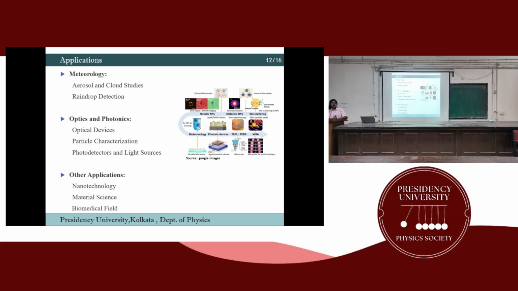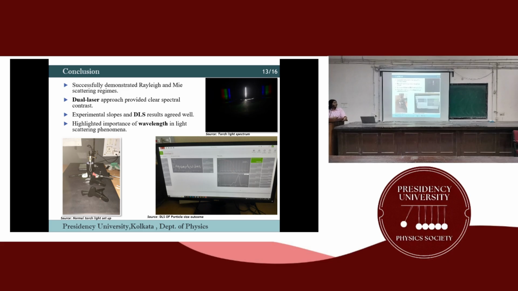And the conclusion is that I have successfully demonstrated the Rayleigh and Mie scattering mechanisms, and the DLS result agreed well, highlighting the importance of wavelength in the light scattering phenomenon.